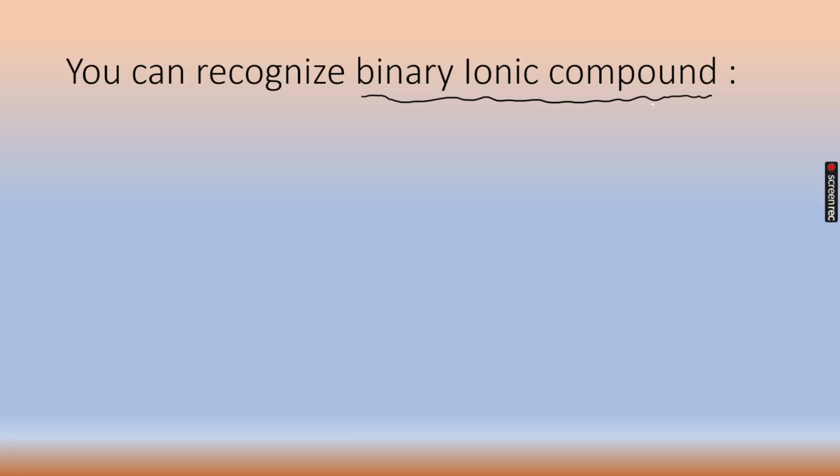Binary ionic compound means ionic compound with 2 elements. One is the metal, one is the non-metal. As I said before, metal plus non-metal can create a binary ionic compound.